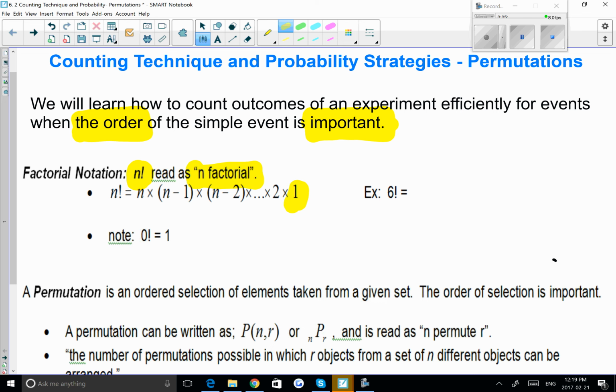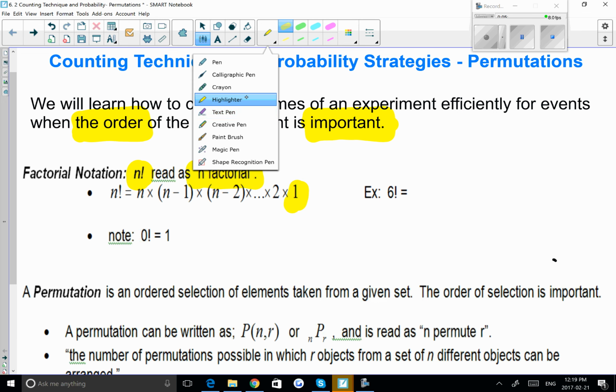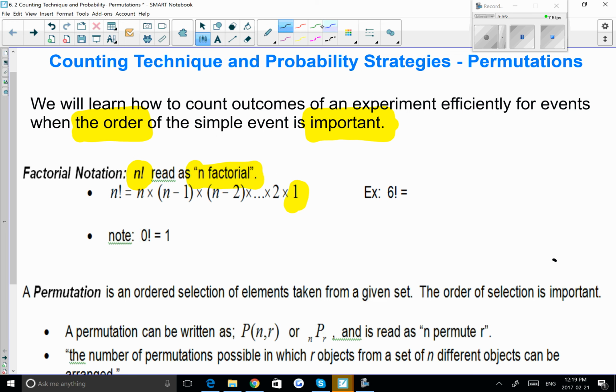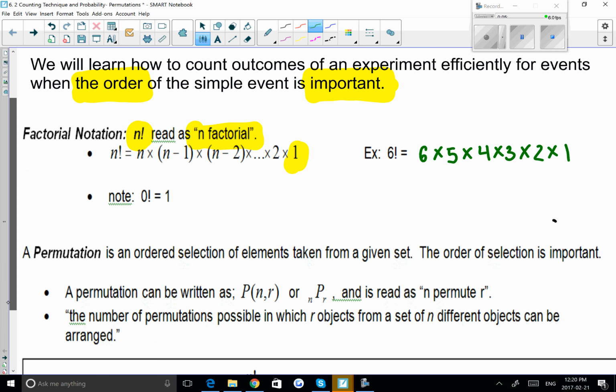So for example, 6 factorial is the same as 6 times 5 times 4, times 3, times 2, times 1. You always stop at 1. You should be able to find this factorial button on your calculator as well, which you can use.